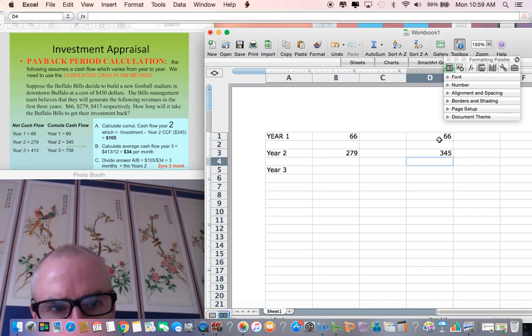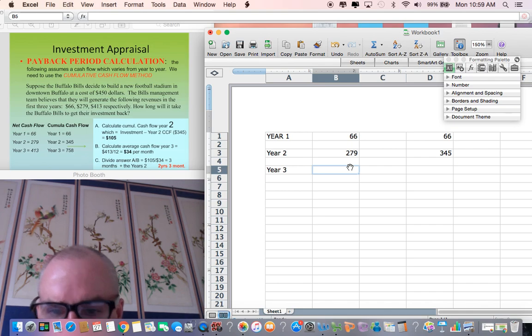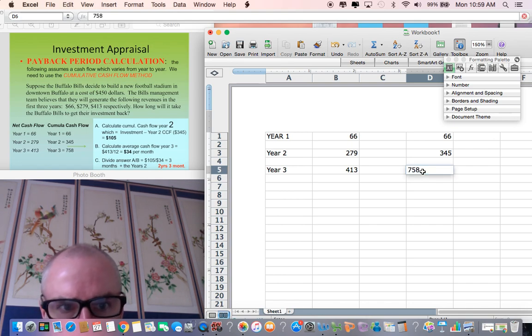Once again, you take this money at the end of year one, you add it with the money from year two, and you get this cumulative amount, or this is how much we have in the bank, 345. In year three, we have 413. So at the end of year three, I have 758.